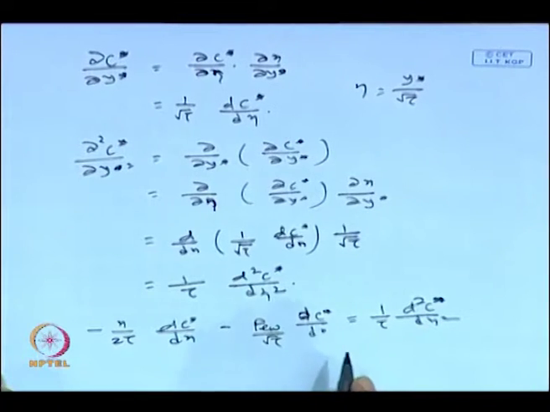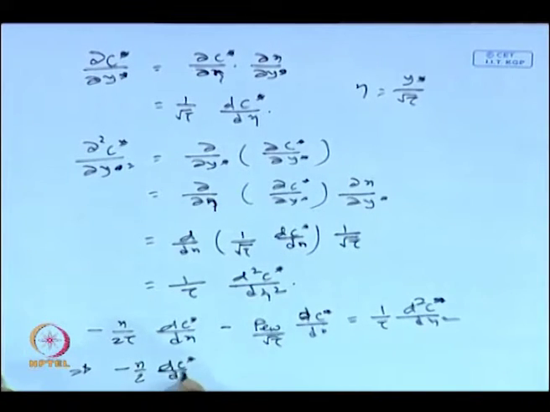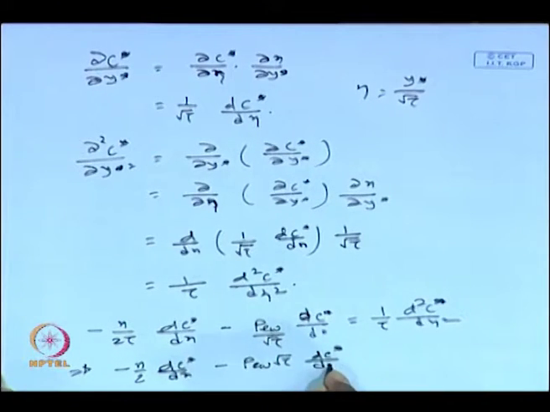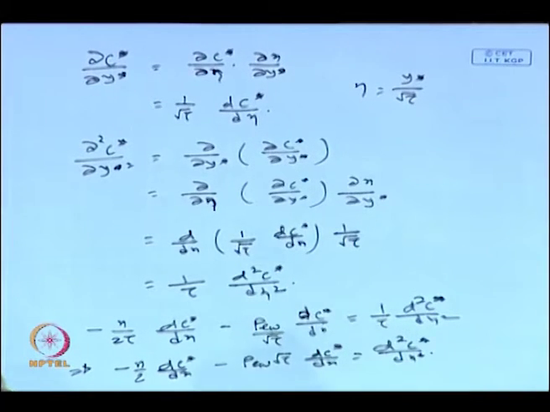So, multiply both sides by τ and let us see what you get. This becomes minus η by 2 dc*/dη minus Pw √τ dc*/dη is equal to d²c*/dη².